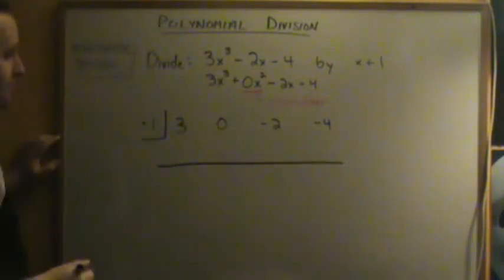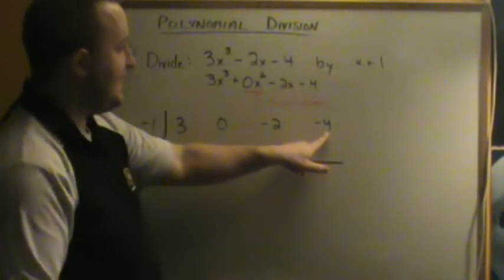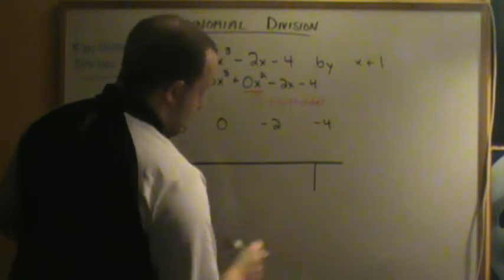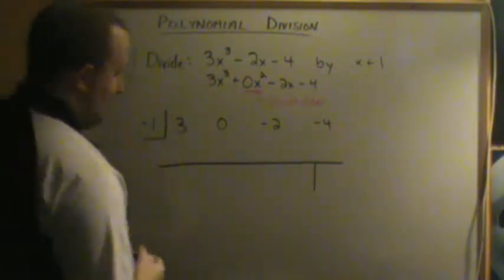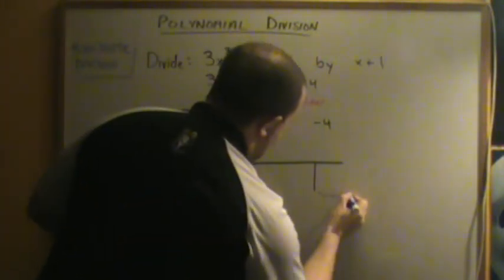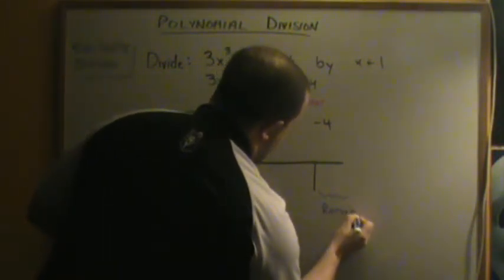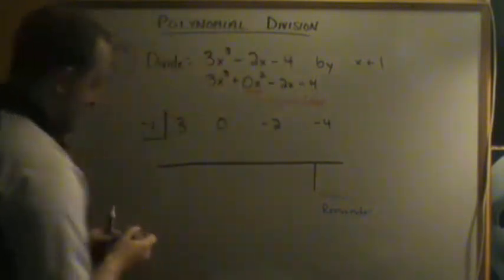Draw a line. And then underneath this last term here, this negative 4, I'm going to put a little line right here, because whatever this term is here, that is your remainder.